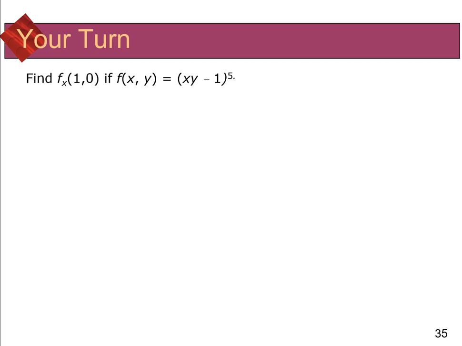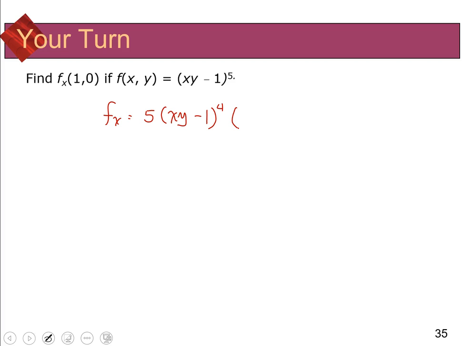But if I have a quantity raised to a power, or a quantity being natural logged or e to a power, I still use the chain rule for that. So when I do the partial derivative with respect to x, I'm still going to do 5 times this (xy minus 1) to the 4th power, and then I'm going to do a derivative of what's inside there.